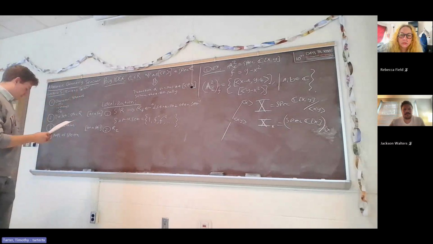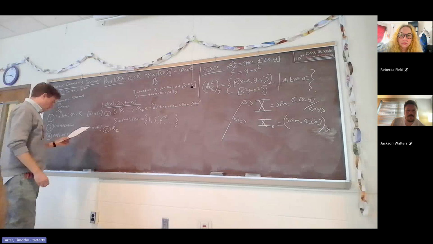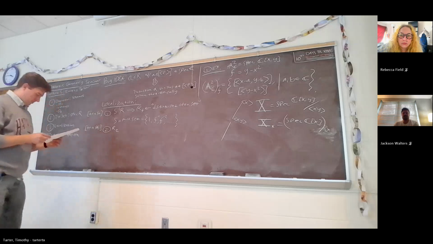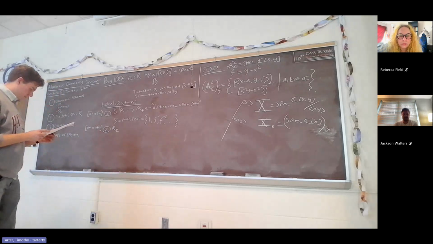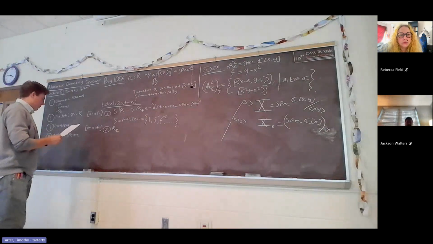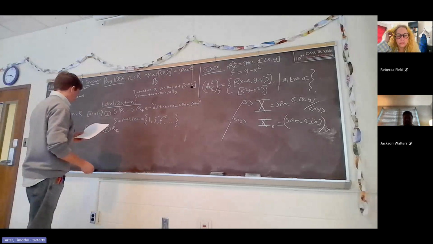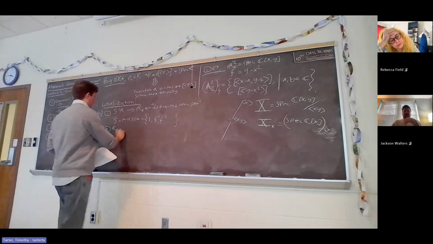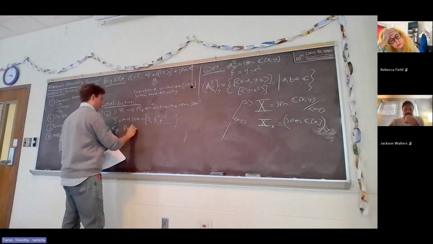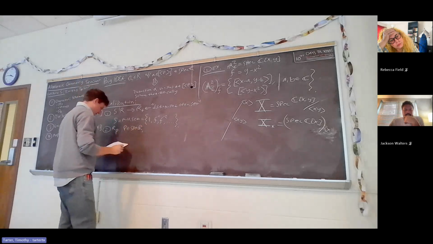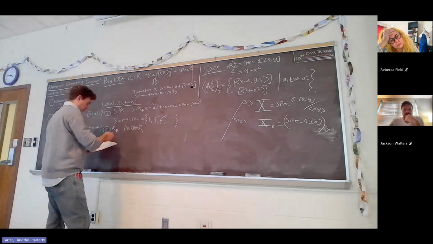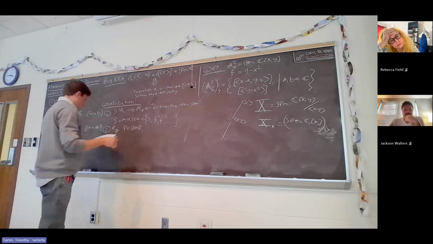So, our other example. Our localization at a prime ideal, where I'm going to replace I here with P, where P is in Spec R, is traditionally denoted either P inverse R or R_P.